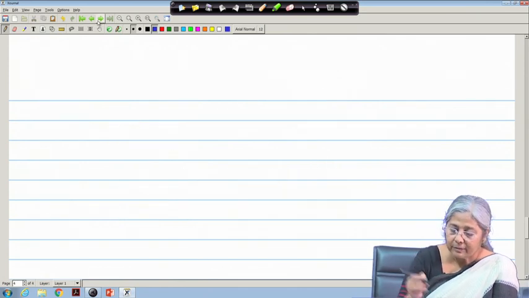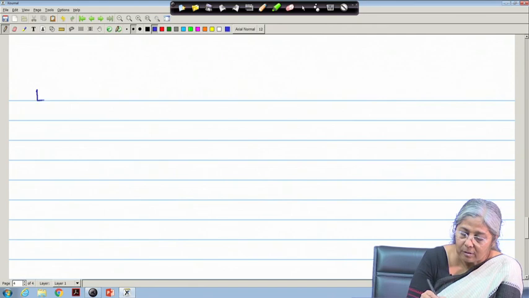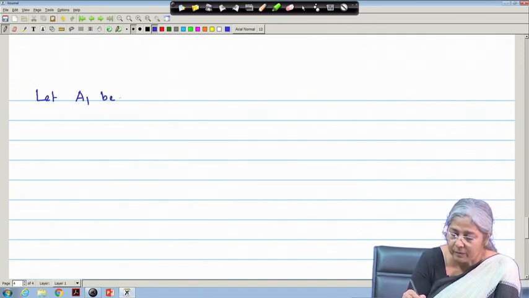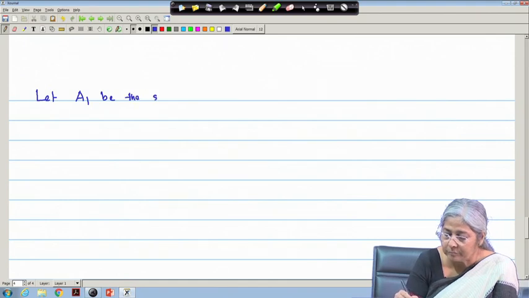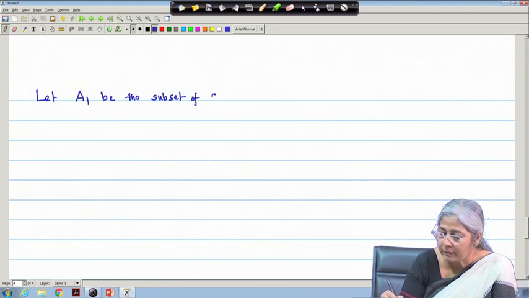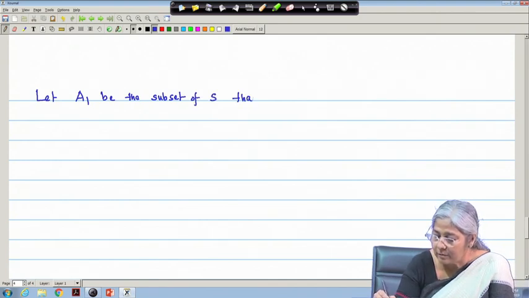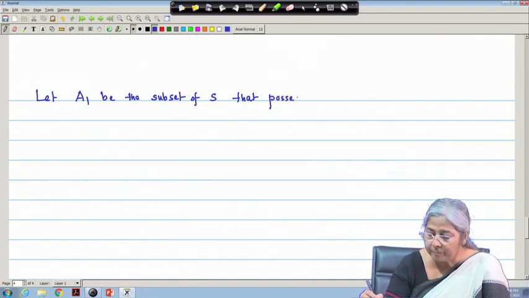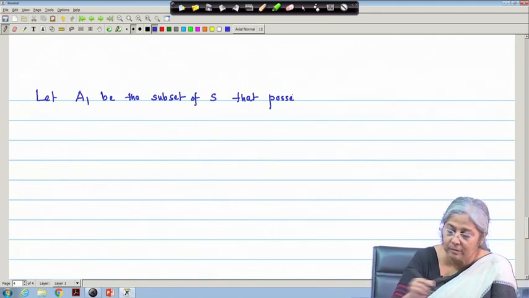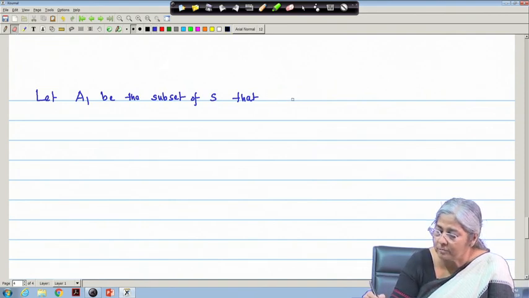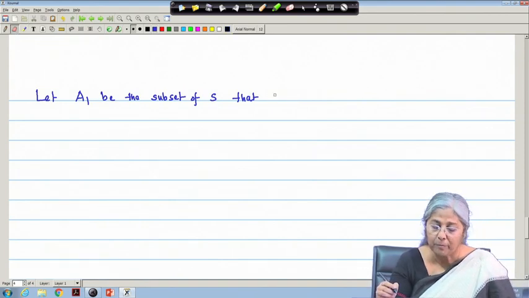So, let A1 be the subset of S that possess, that means each of the elements of A1 possess property P1.